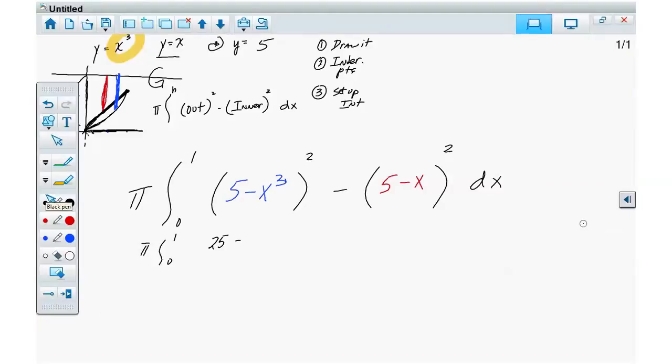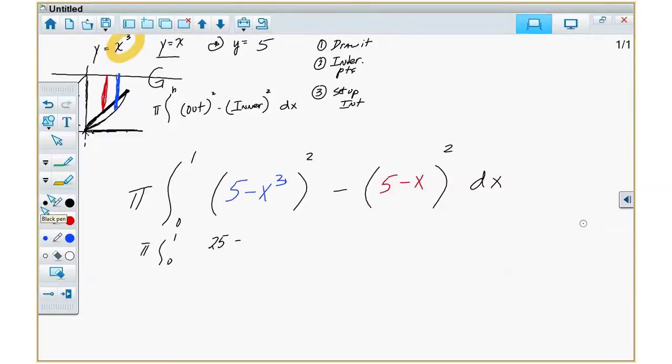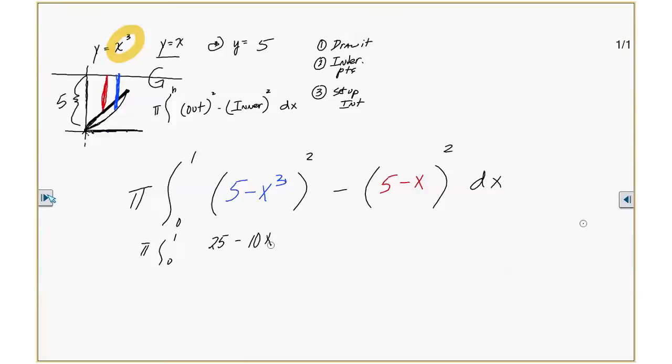Sorry. That would be 10x cubed minus x to the what? 6? And then minus parentheses or brackets. 5. See, when you go backwards, it messes your brain up.